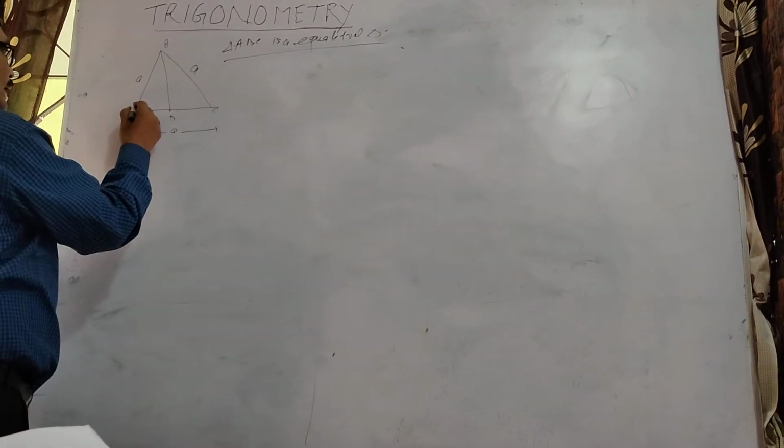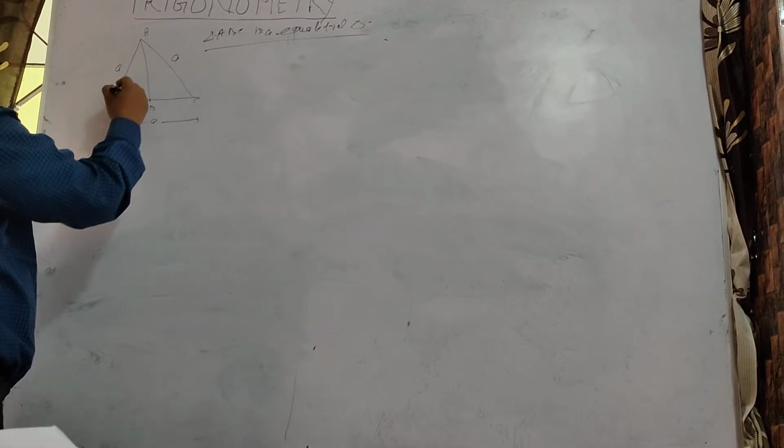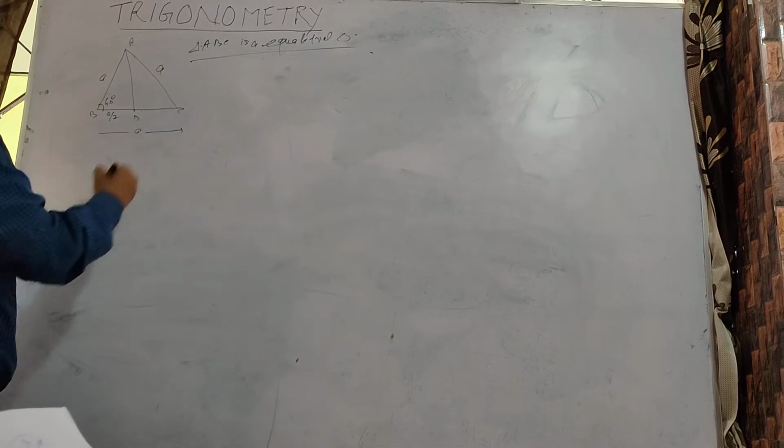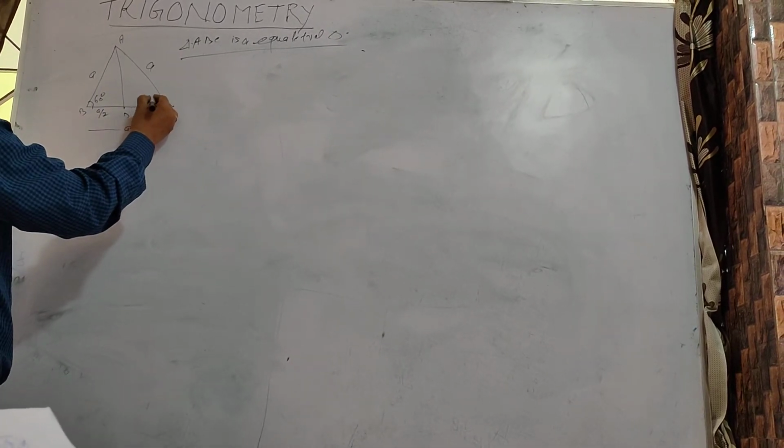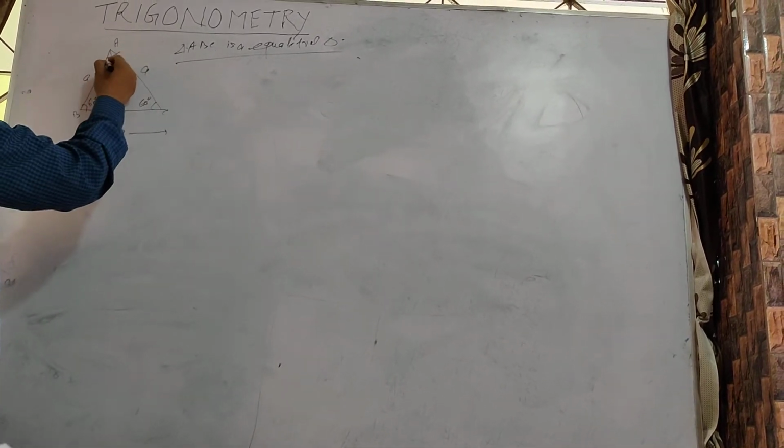Since this is an equilateral triangle, each angle is 60 degree.